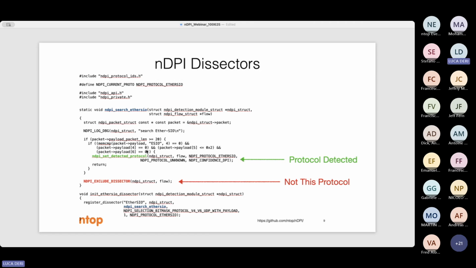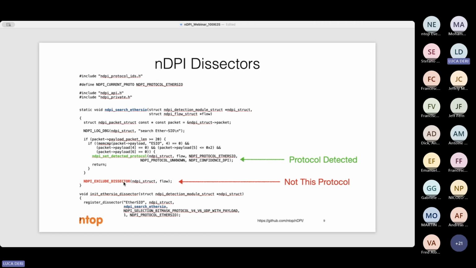This is a very simple dissector, and they are not all as simple as this. Inside this dissector, you will see that we do some checks. If we believe that this traffic is the protocol we're searching for, we call nDPI set detected protocol. If we believe this traffic is not meaningful for this dissector, we say exclude dissector.